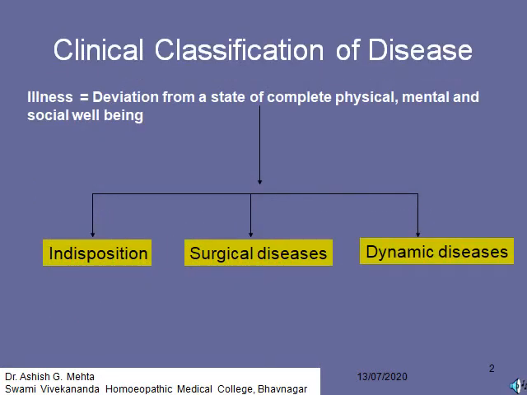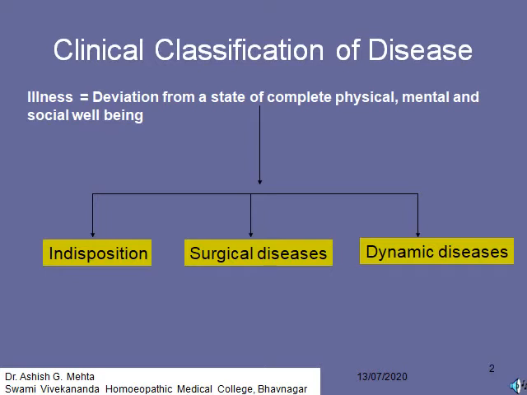According to clinical classification of diseases, illness means deviation from a state of complete physical, mental and social well-being. This deviation from the former healthy state has occurred due to certain kinds of causes. And according to these causes, Dr. Hahnemann has classified this illness into 3 major parts.